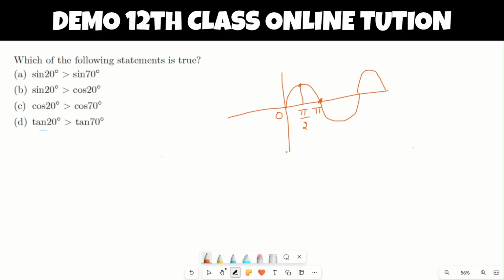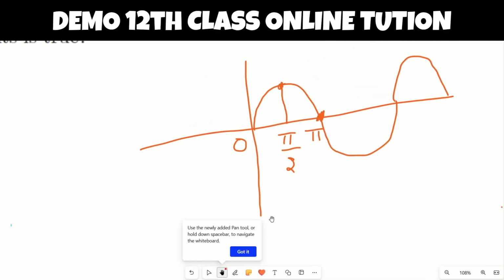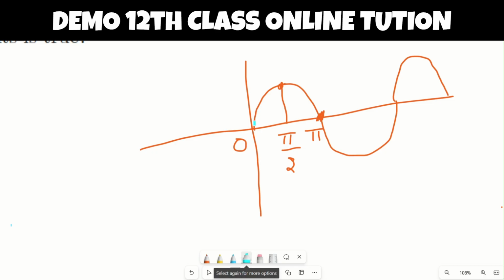Okay, and if I analyze this graph, let me show you. You clearly see, I highlight, this graph is clearly increasing.